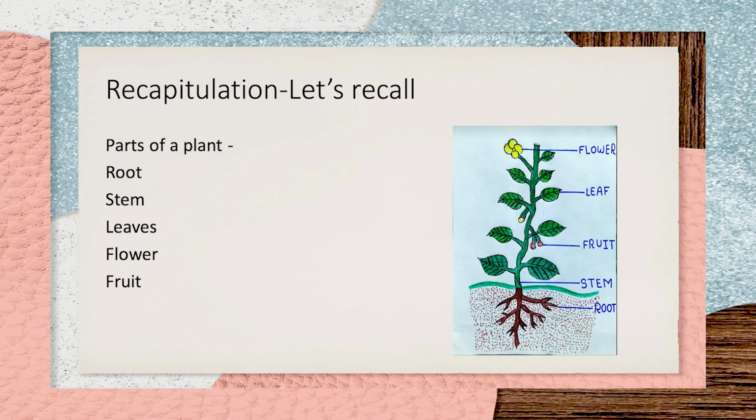Let us revise what we have learned today. In today's video, we learnt about two things. A. Parts of a plant like root, stem, leaves, flower, fruit, seeds, and inside fruit we have seeds. We learnt about uses of parts of a plant.